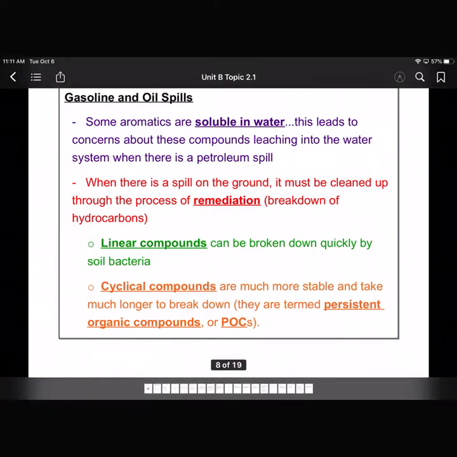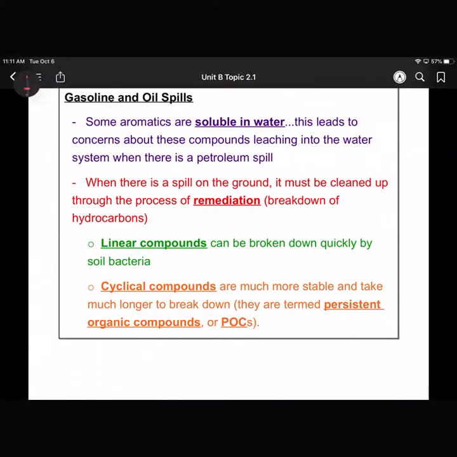So all this is saying is that things that are in a straight line, I'm just going to pretend this is in a straight line, something like propane, a straight line, are easier to break down. Something like benzenes, you can draw as you go. That's not a benzene, that's fine.